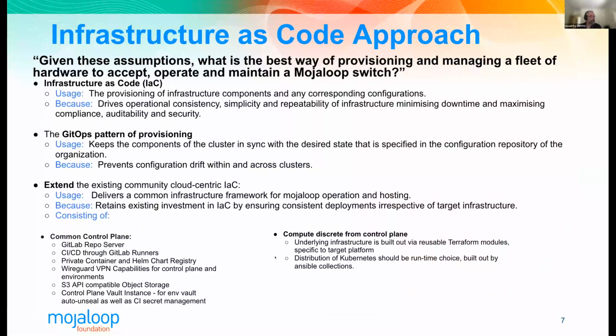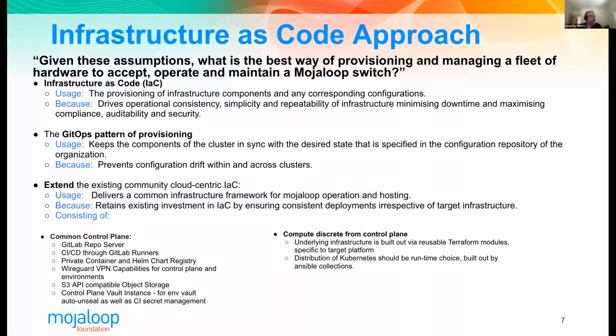Okay, so we went through the assumptions. So if we take that as a given, what is the best way to provision and manage a fleet of hardware to accept, operate, and maintain a Mojaloop switch? So we're starting off, no surprise, with IAC as the first item. So why do we think that IAC is necessary?